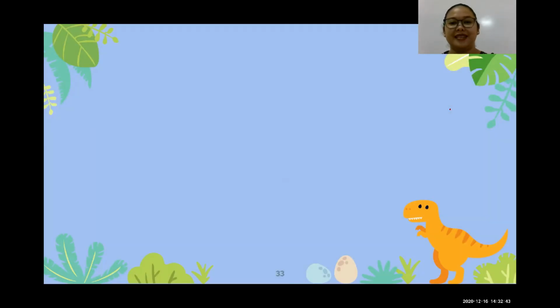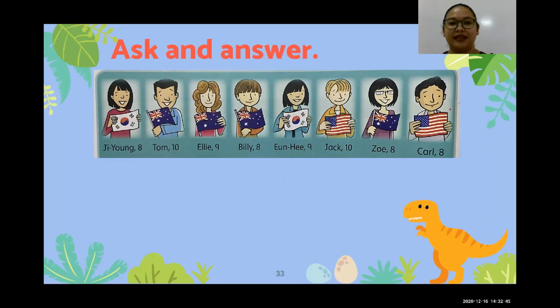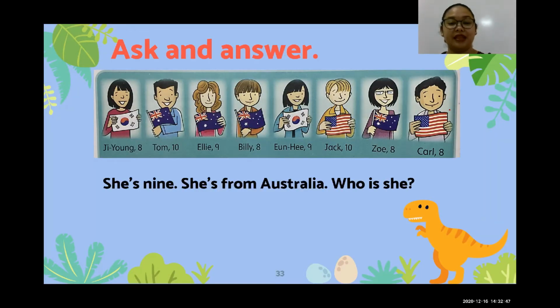Right? So let's proceed. Now, let's try to answer this. She's 9. That means it's a girl. So let's look for the girl who's 9 years old. So we have here Ellie, who's 9, and Yoonhee, 9.